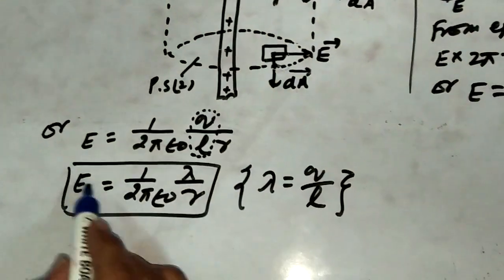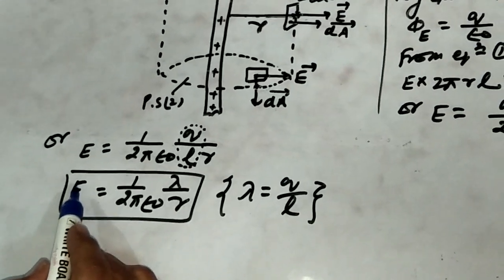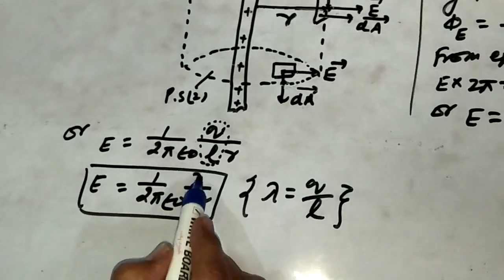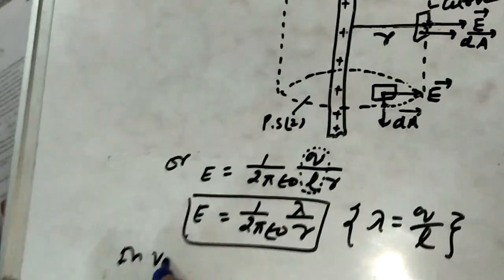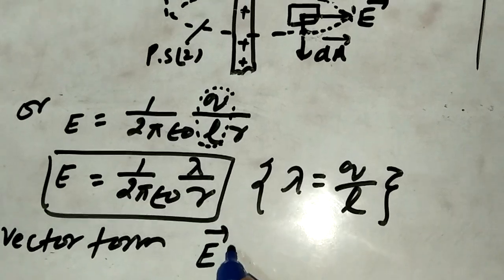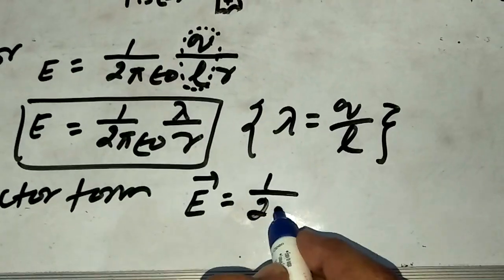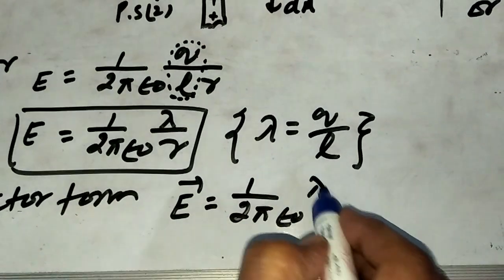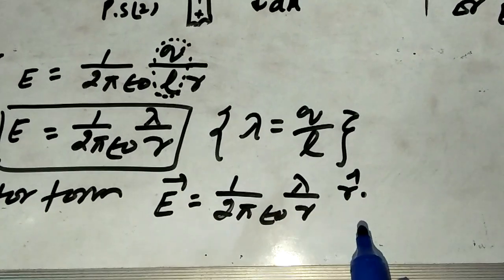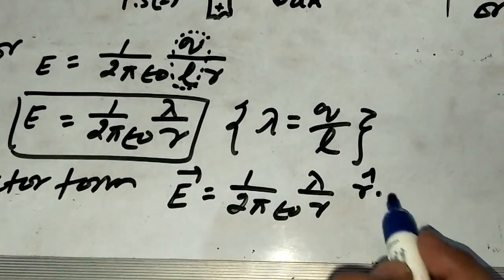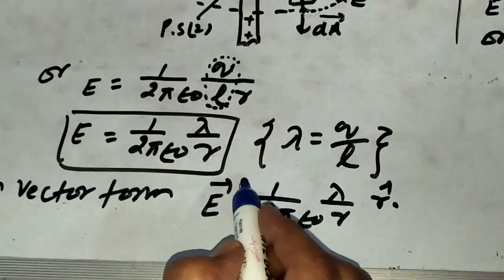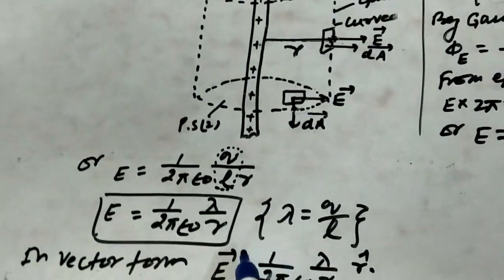So what is this? The electric field due to an infinite line charge at distance r from it is given by 1 upon 2 pi epsilon naught lambda by R. In vector form, you can write vector E is equal to 1 upon 2 pi epsilon naught lambda by R into R unit vector, where R unit vector is a unit vector in the direction of R. So this is the electric field magnitude, and in vector form you can write it like this. This is the expression for the electric field due to an infinite line charge.